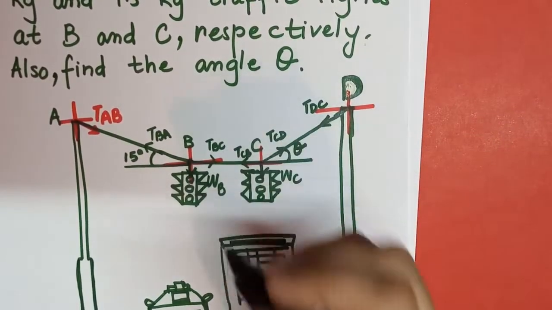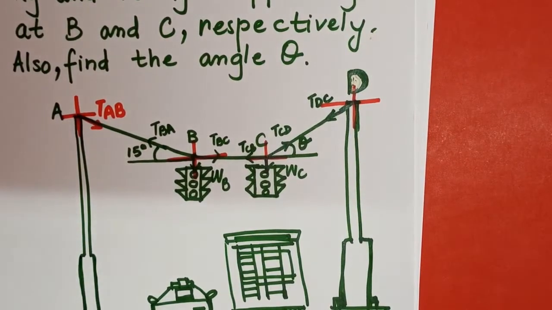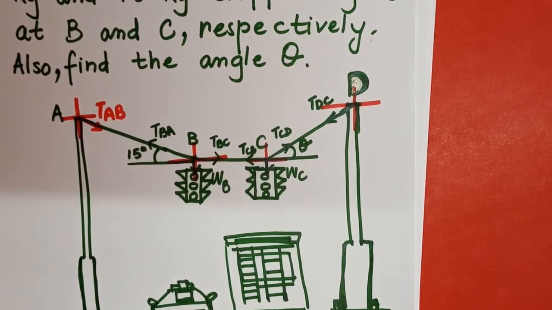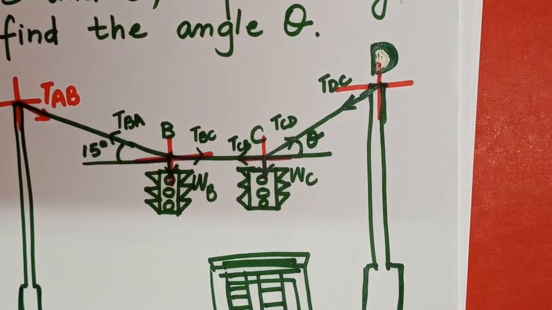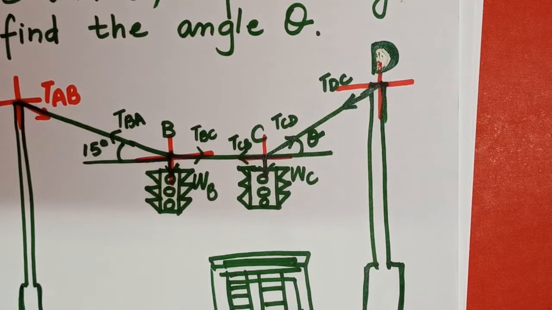Which points do we have to select? I have already discussed in my previous lectures that we have to take points having known magnitude forces. There may be unknown tensions also, but there should be more known forces.